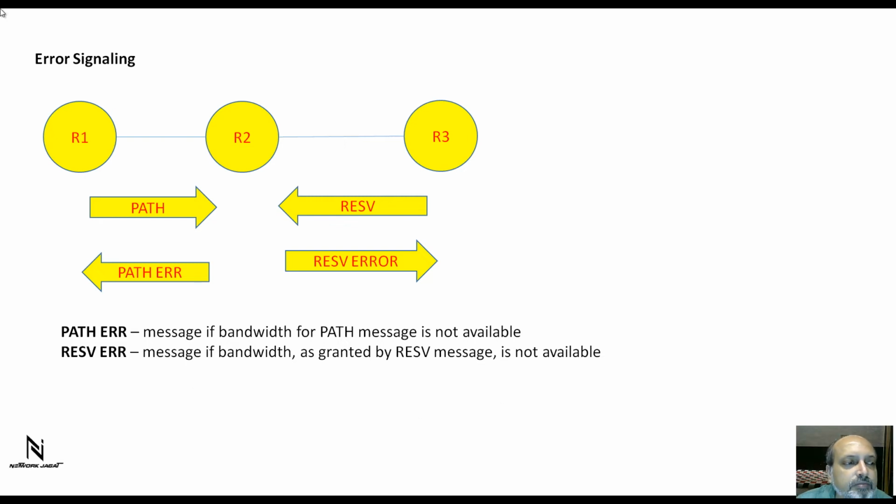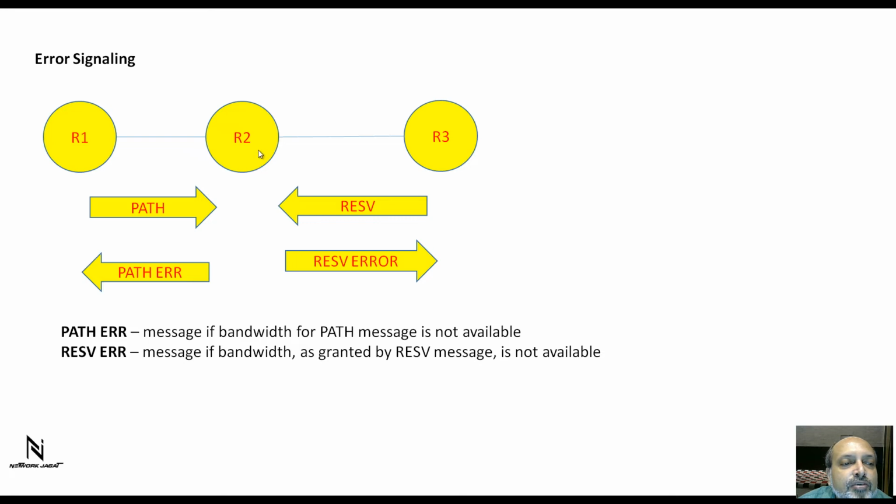Now, suppose R1 wants to establish a path. It first sends a path message to R2, and that path message asks the question: can you ensure me a path of 50 Mbps? If R2 has 50 Mbps, then definitely it can reply back. But if it is lacking a 50 Mbps path, then it replies back with a path error message, right?